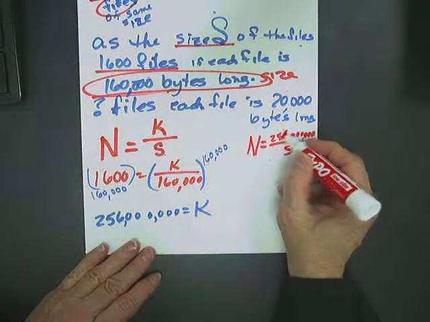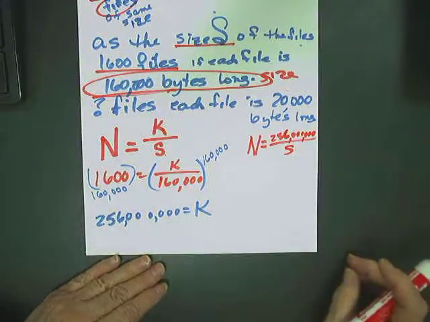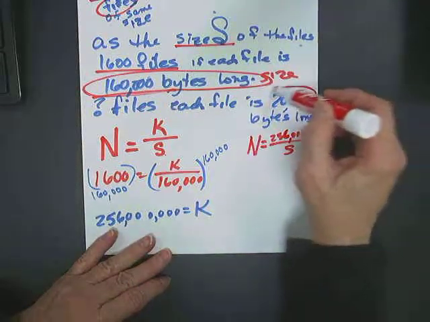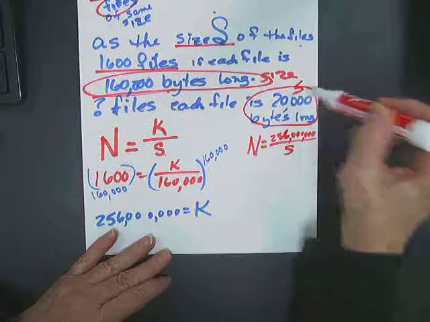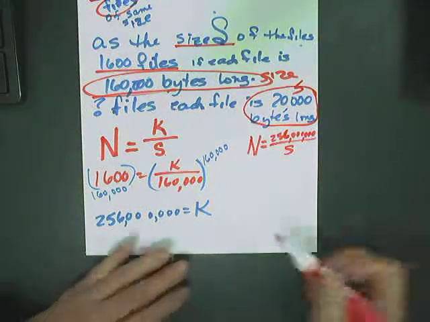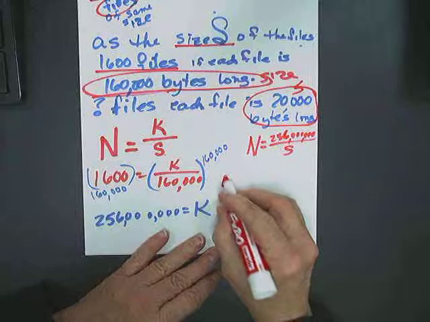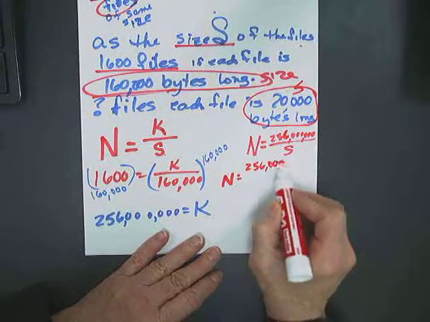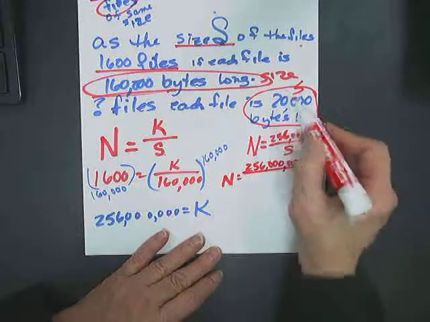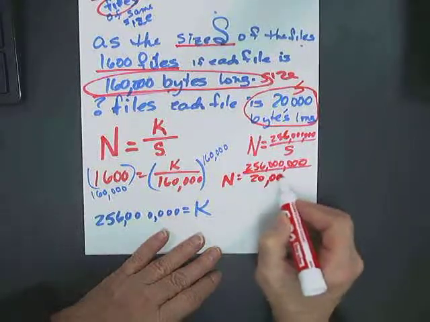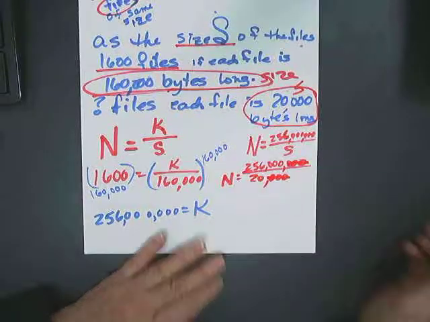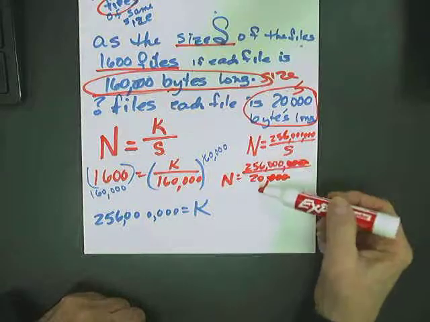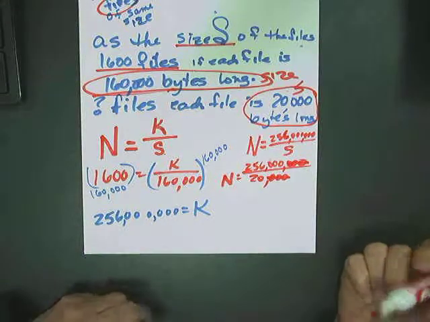We need to put these numbers in these places that don't have K's. This is files, this is bytes. Which one's the N? N is the files, S is the size. This is how many, the size, how long it is. So this one is 1,600. And we'll put the K on top.